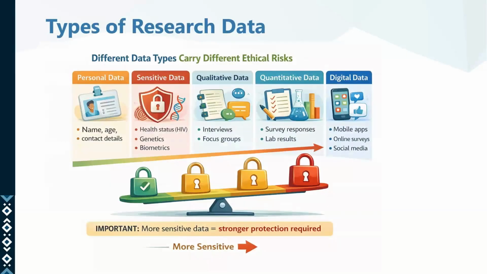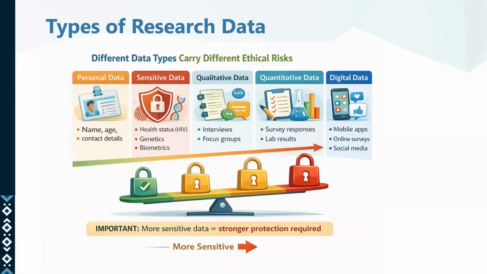What are the types of research data? There are several types of research data, and different data types carry different ethical risks. The first type is personal data, where we see the name, the age, the contact details. The next one is sensitive data. We have the health status, genetics, biometrics. We have qualitative data.